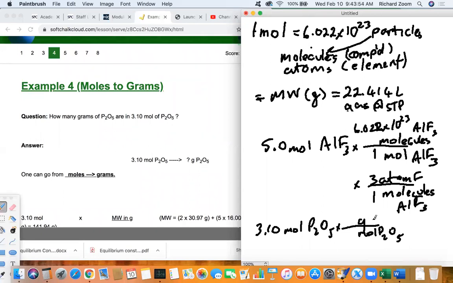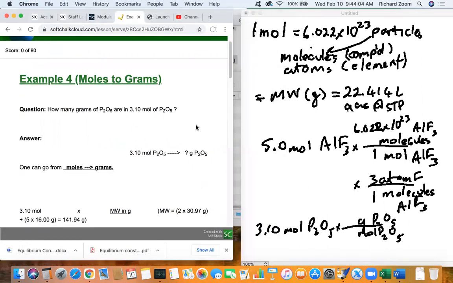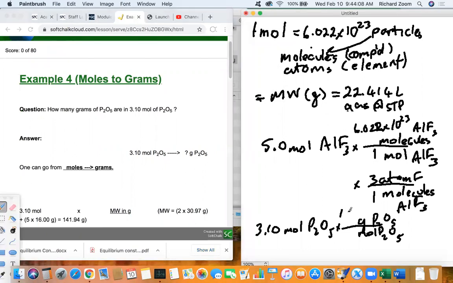And we're looking at grams of P2O5. We actually do have a relationship to work with here, and that would be the molecular weight, which I've already figured up here as being 141.94 grams. And that's for 1 mole. So 141.94 grams of P2O5 for every 1 mole of P2O5.